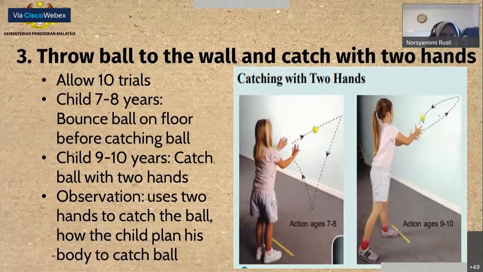From this activity, you can see how the child plans his body to catch the ball. Is he able to catch the ball with 2 hands within the 10 trials? If he doesn't catch the ball even in 10 times, it indicates that he has difficulties with this activity.